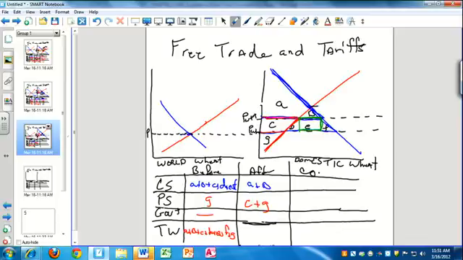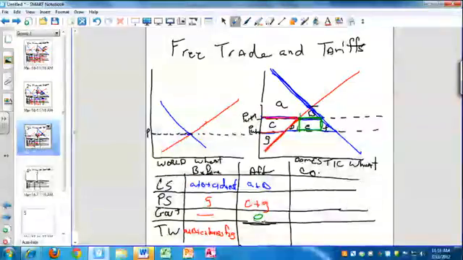See that box? Now, why did I do that in green? Why didn't I do D and F?